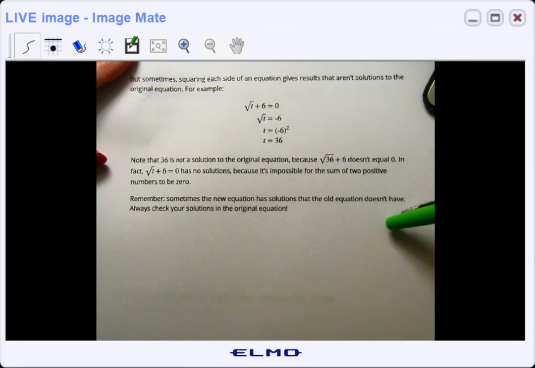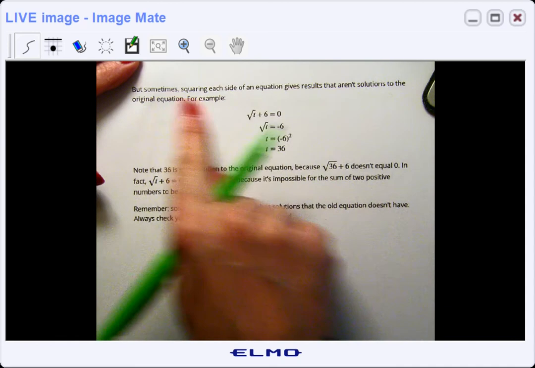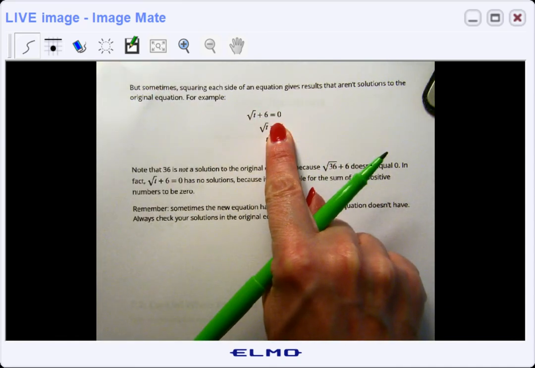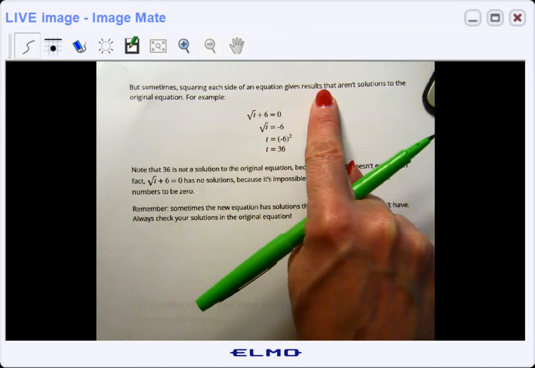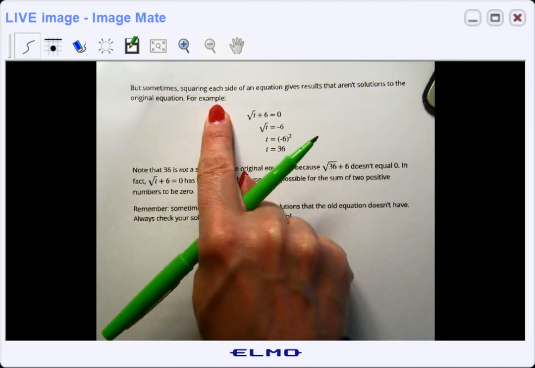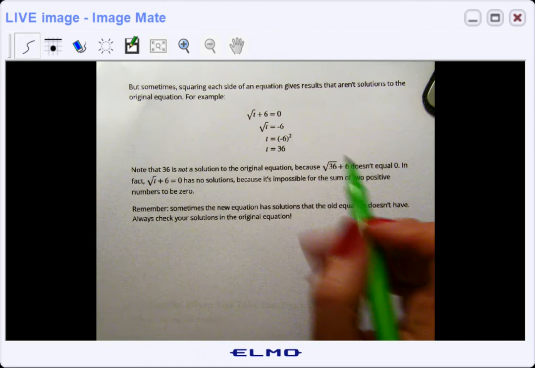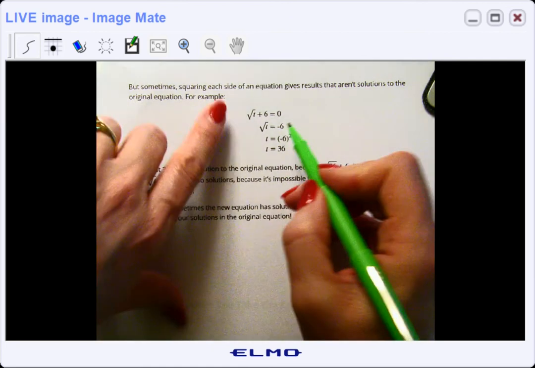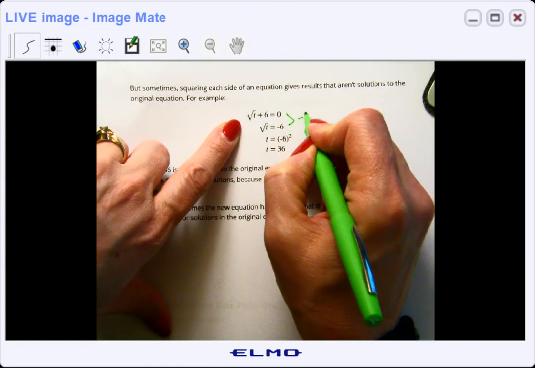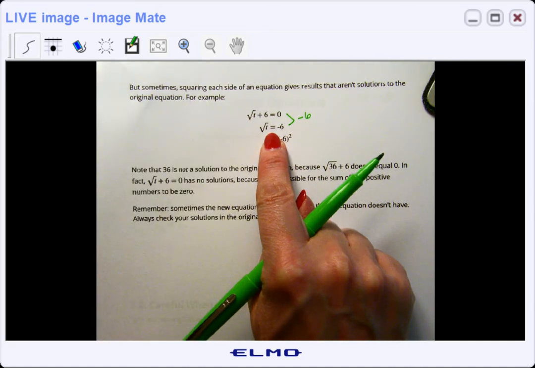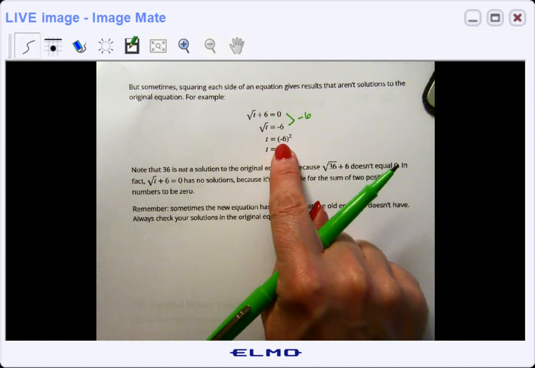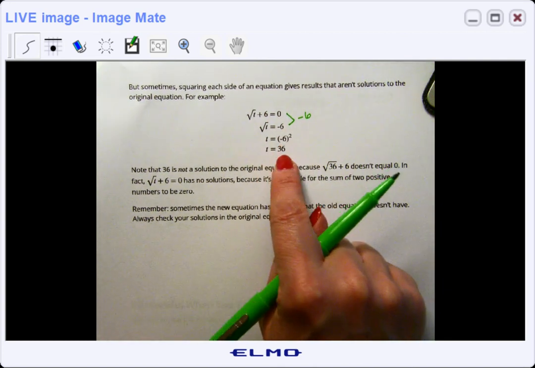Okay, so this looks kind of like the last equation that we did in those 4 little practice problems. Sometimes squaring each side of an equation gives results that aren't solutions to the original equation. For example, when you subtract 6 from both sides to get to the next step, you should notice right here that the equation actually has no solution. But then when you square both sides, it ends up looking like t is equal to 36.